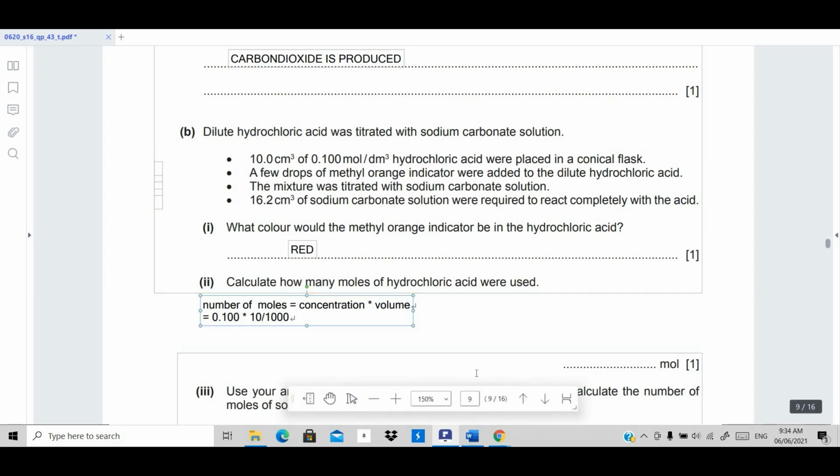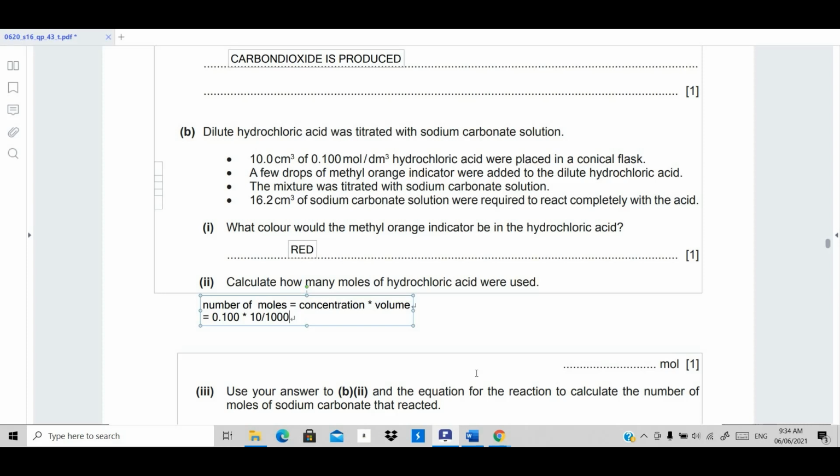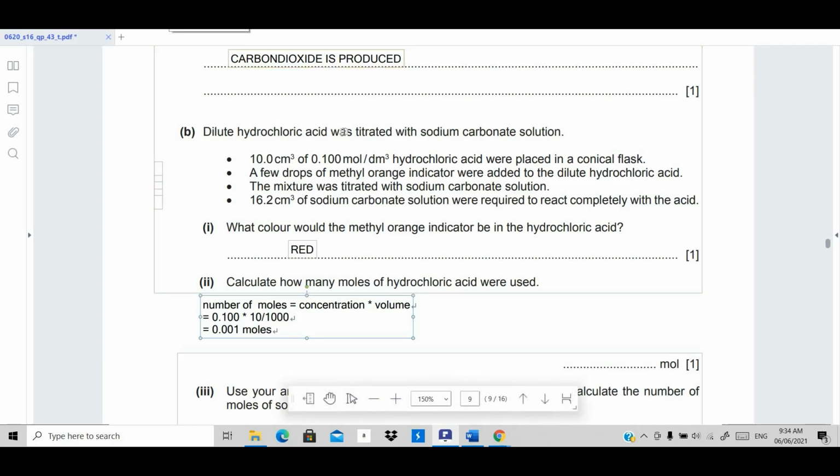Now multiply 0.1 times 10 over 1000 in your calculator and you will get the answer 0.001 moles. Make sure you write the answer in the provided space, so your examiner is not confused and you don't lose your precious 1 mark.